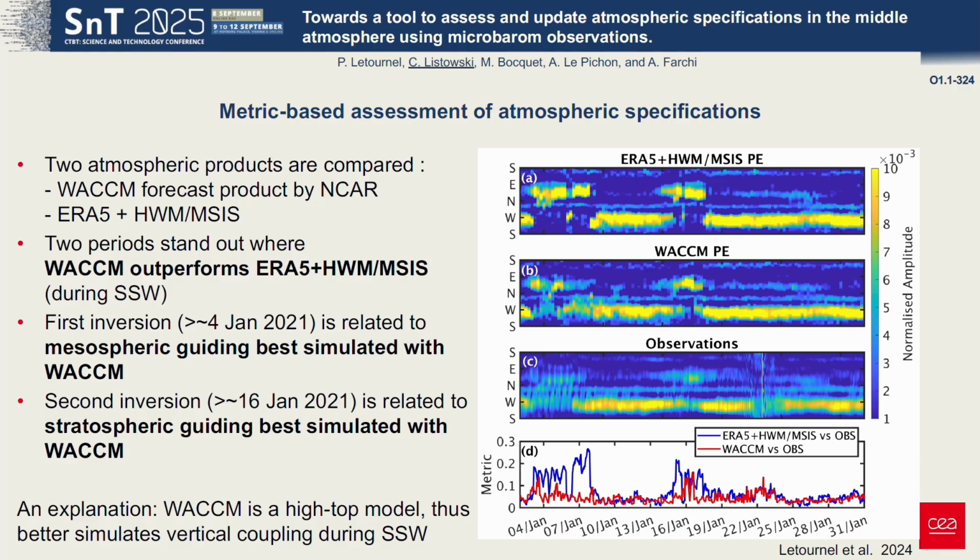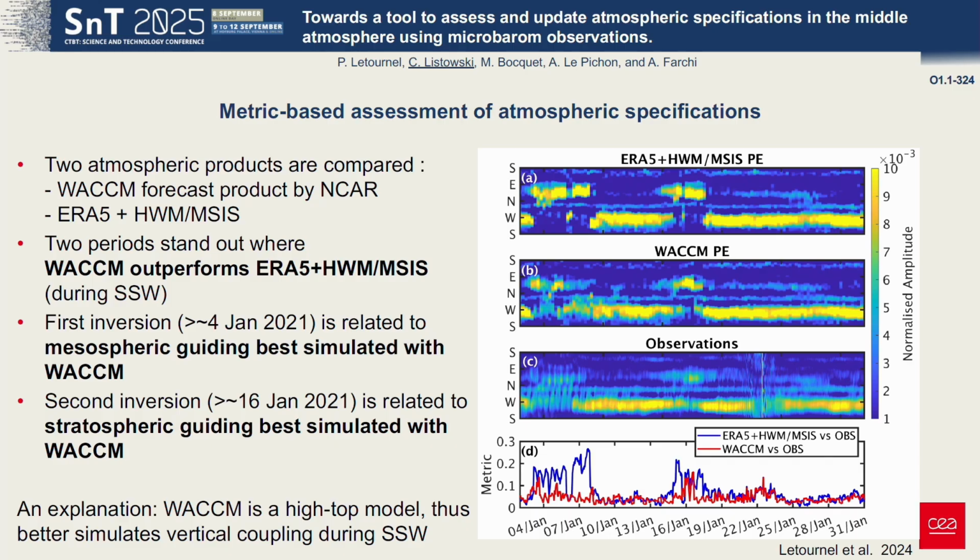You see that at two instances, when there are those jumps in the westerly detections of microbaroms due to the sudden stratospheric warmings, the WACCM model is performing better, and this is proven by the distance, which is lower. A quick explanation is that WACCM, being a high-top model, better represents the vertical coupling occurring during the sudden stratospheric warmings, which reverses the guiding.